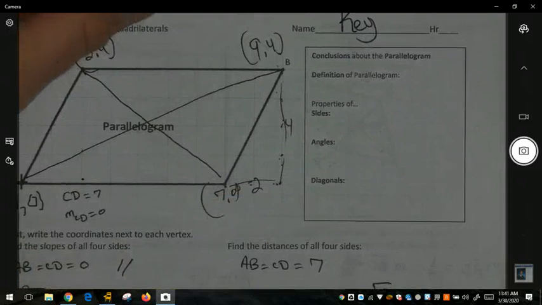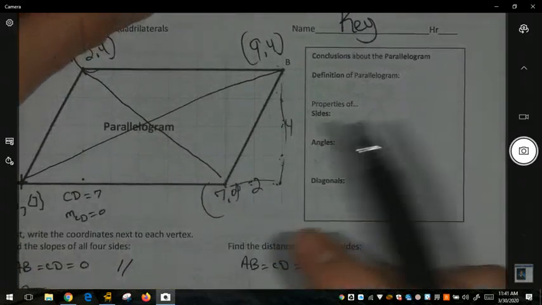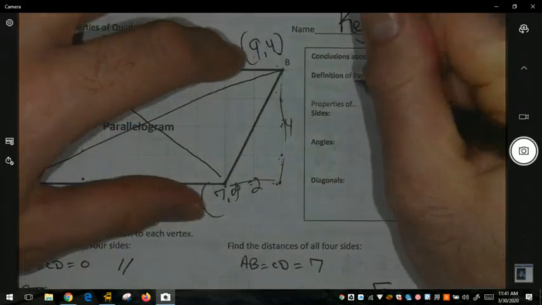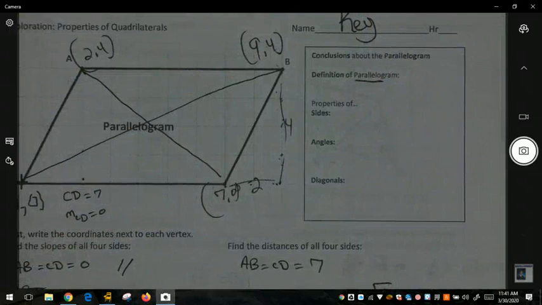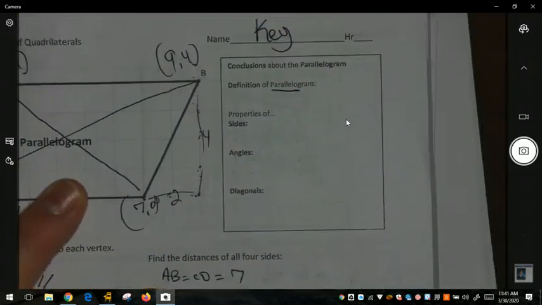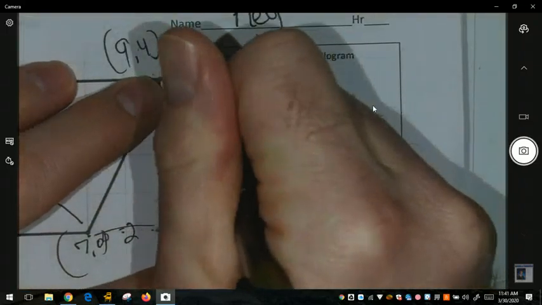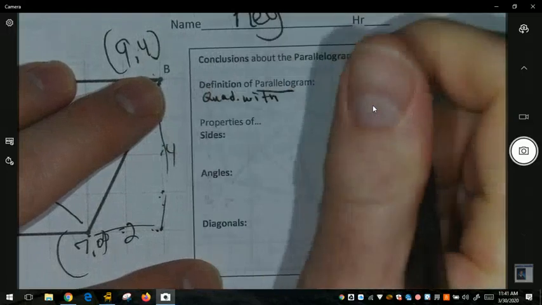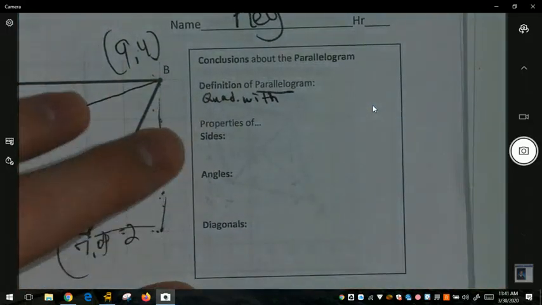For the sides, you might have just counted or used Pythagorean's theorem right here. Conclusions about the parallelogram. Well, the definition is actually in the name of the word for a parallelogram. For a parallelogram, the definition is that it is a quadrilateral with two sets of parallel sides.